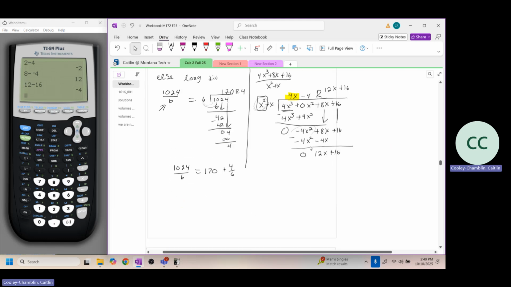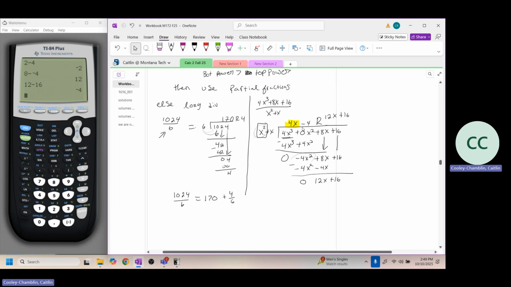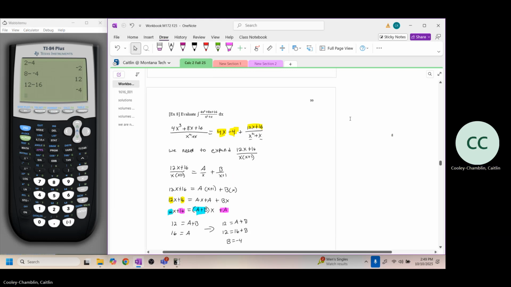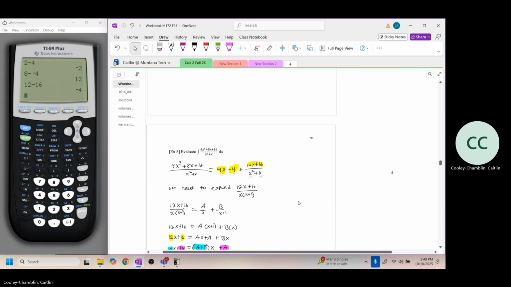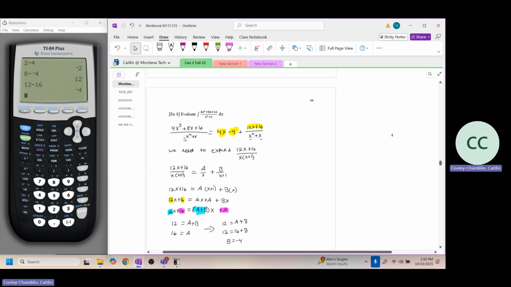Okay, so once we do long division, we got 4x minus 4 with a remainder of 12x plus 16. So here, we know we can integrate the 4x. We know we can integrate the 4.